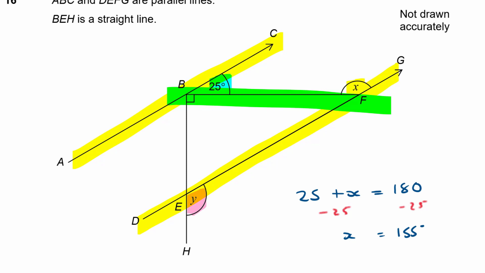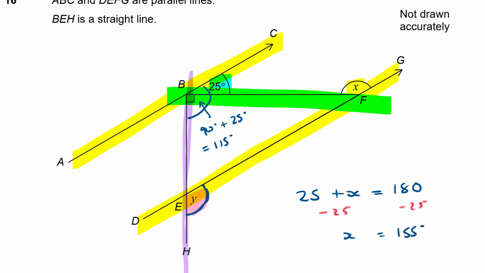Okay, so again, we've got a pair of parallel lines, the yellow ones, and we've got this line here that crosses them, this purple one. So we should know that this angle here, the Y angle, corresponds to this angle up here. Now that angle up there is made up of the right angle, which is 90 degrees, plus the 25 angle, which is equal to 115 degrees.